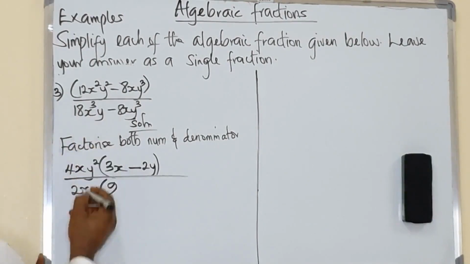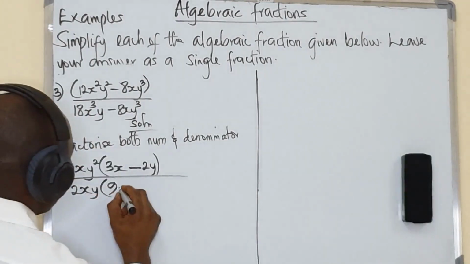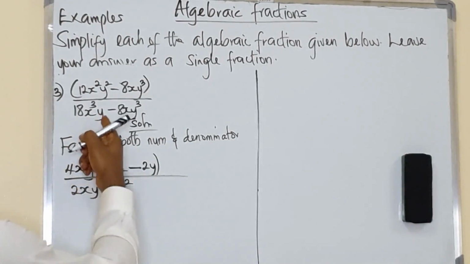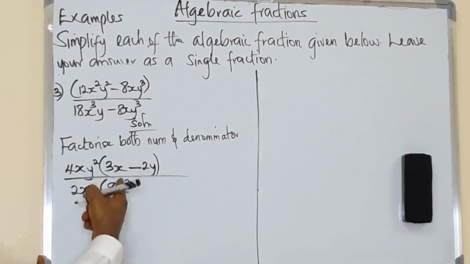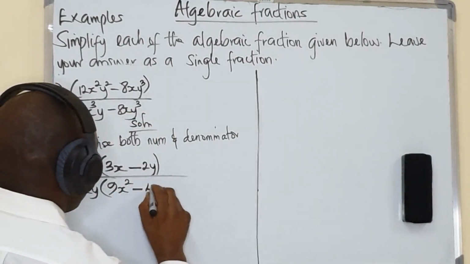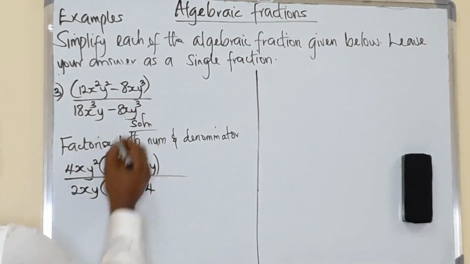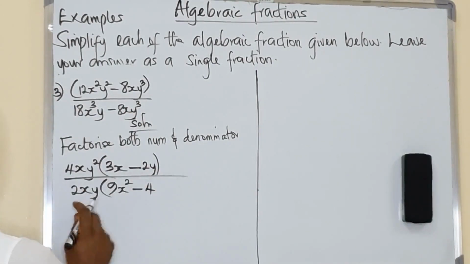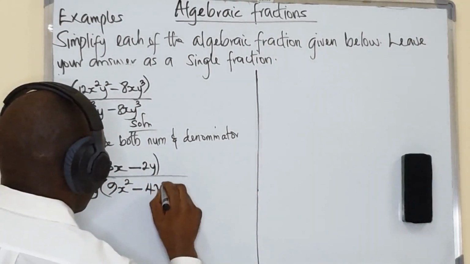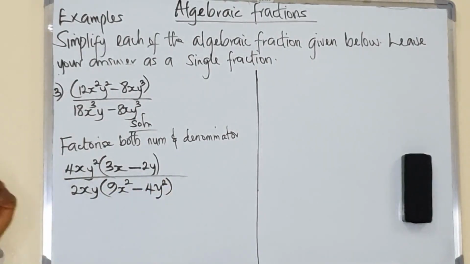To get x cubed, the letter x needs to multiply x squared. And to get y, y needs to multiply just 1, which we don't need to write. It's already there invisibly. Minus sign comes in. To get 8, 2 needs to multiply 4. Then to get x, x needs to multiply 1 invisibly. To get y cubed, y outside needs to multiply y squared. We are also done with this stage of factorizing.